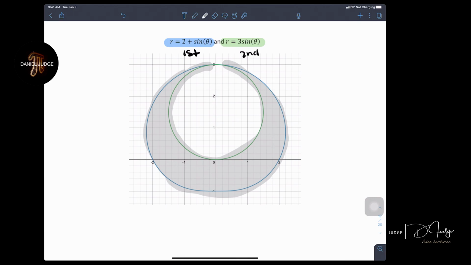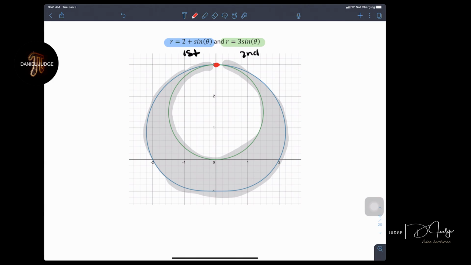So we're going to use some symmetry here, ladies and gentlemen. If we actually look at the points of intersection here, there's only one point of intersection. It's right here.